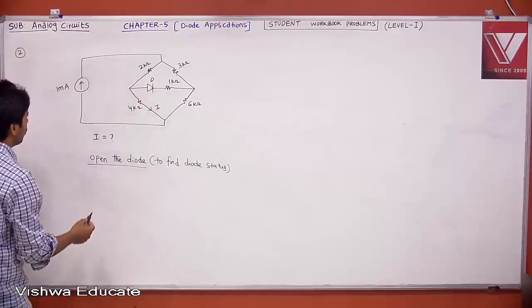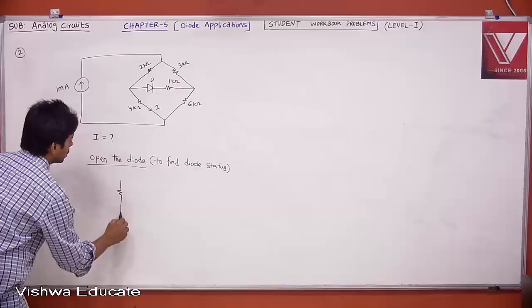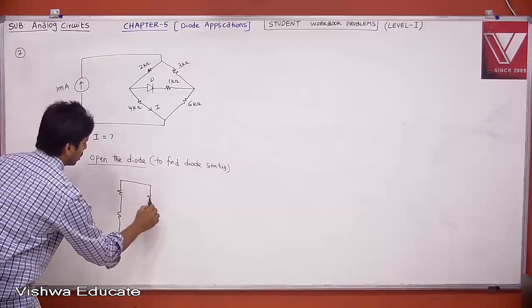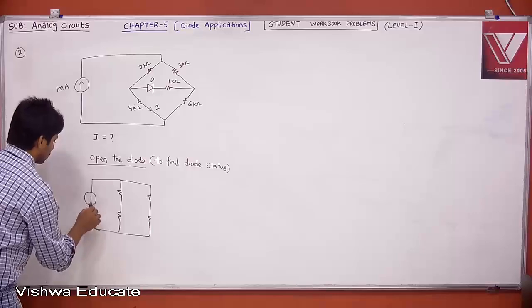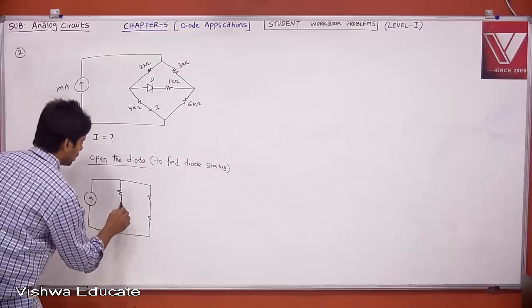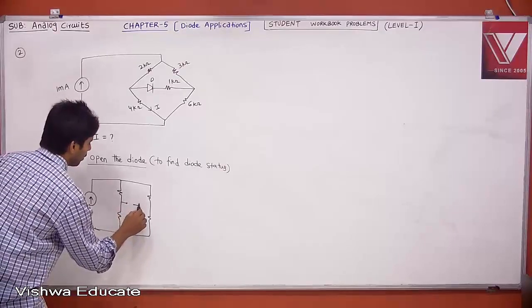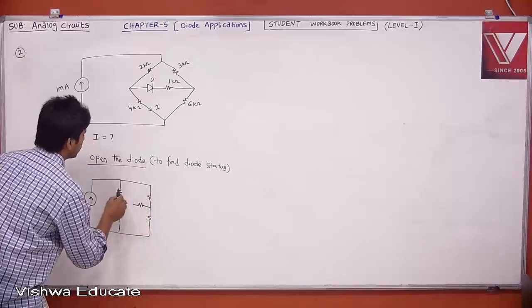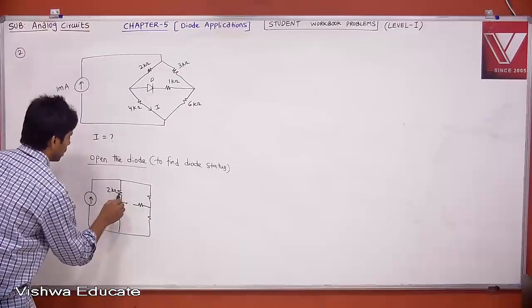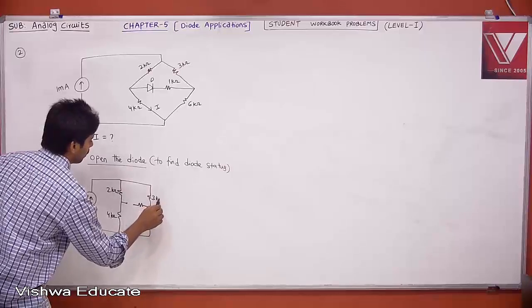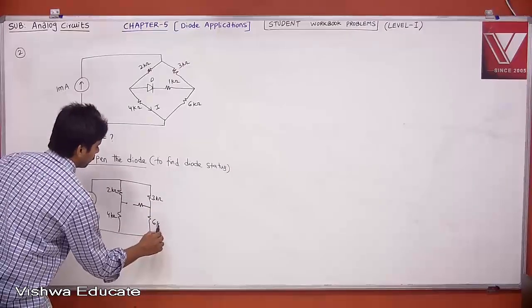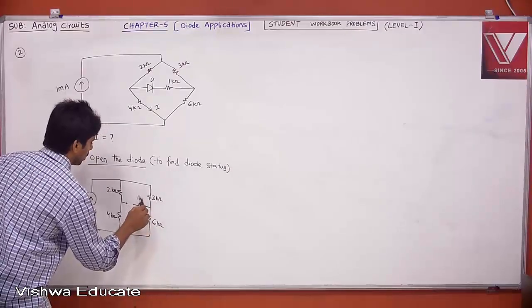Instead of writing like a bridge, what I do, this is simply resistor, and this is our current source. But where is your diode? Your diode is here. We are opening, and then we have a resistor here. Therefore, this is 2K, this is 4K, and this is 3K, and this is 6K, and this is 1K.